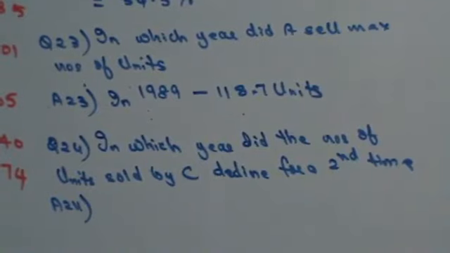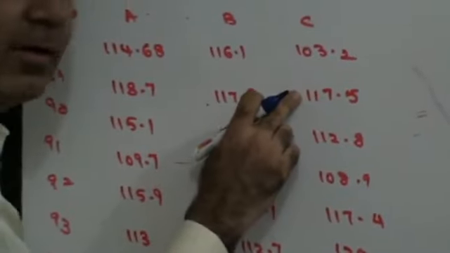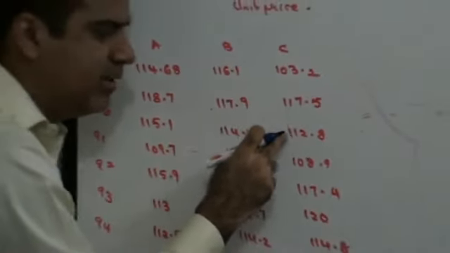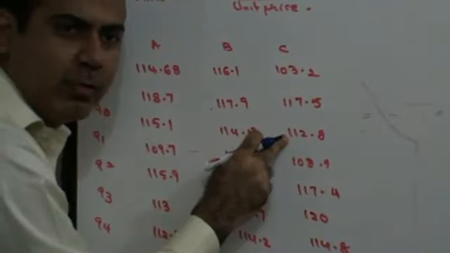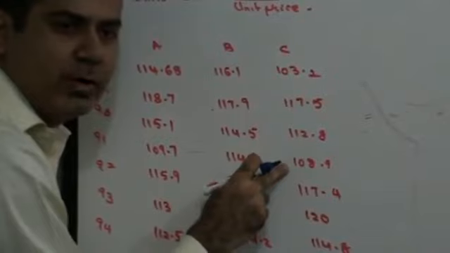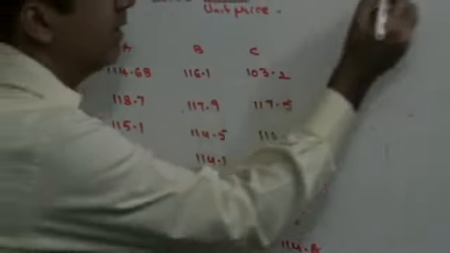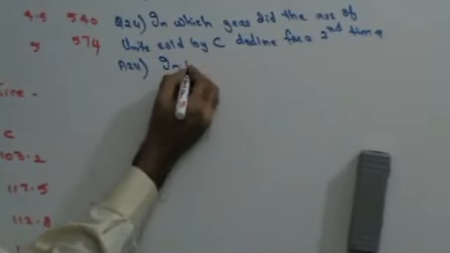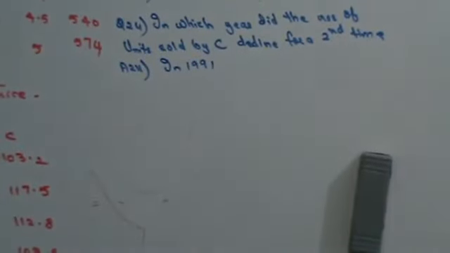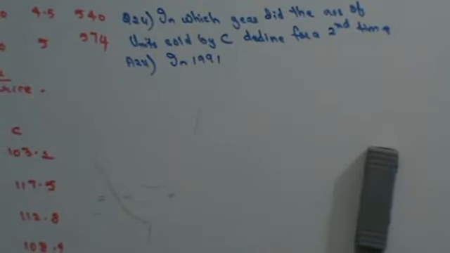Now, can we see the number of units sold by C? The number of units sold by C is 103, 117. From 117 it is going down to 112. That means that is my first decline. From 112 it is going down to 108. That is my second decline, which occurred in the year 1991. So the number of units sold by C declined for a second time in the year 1991.